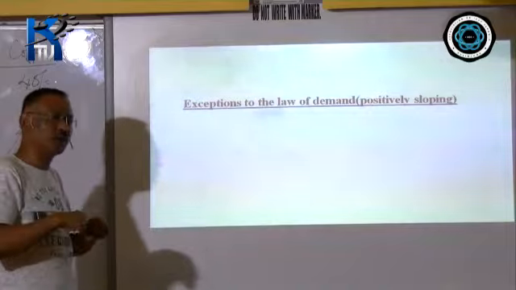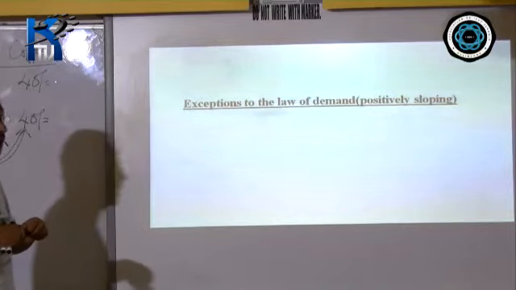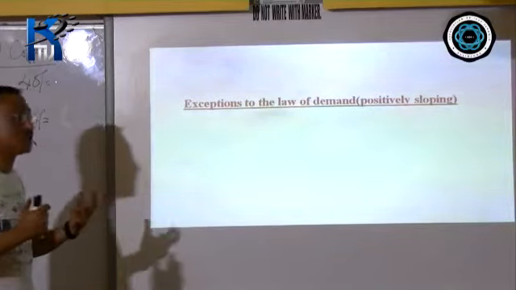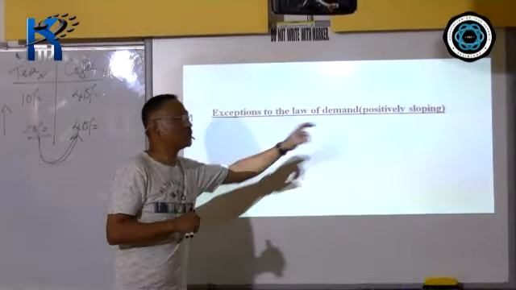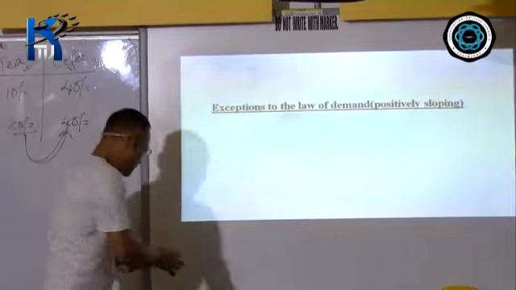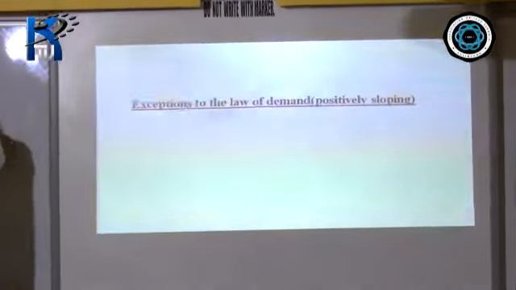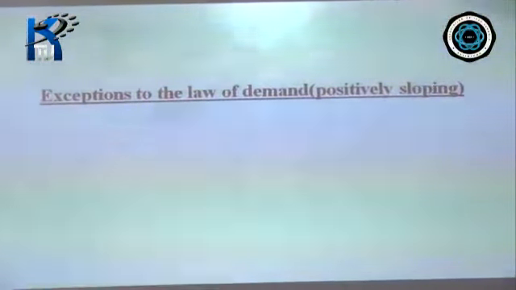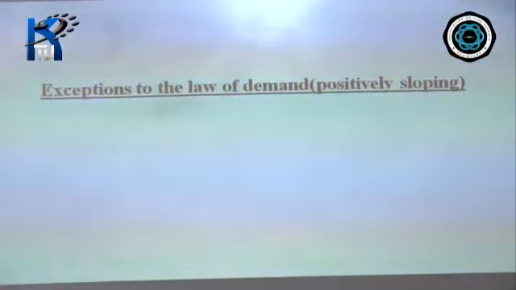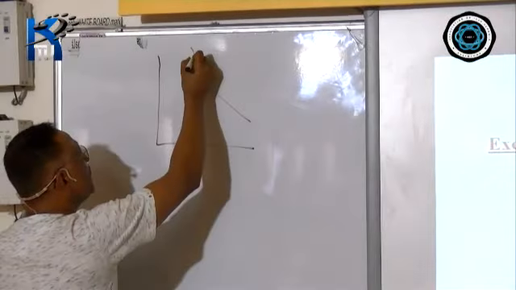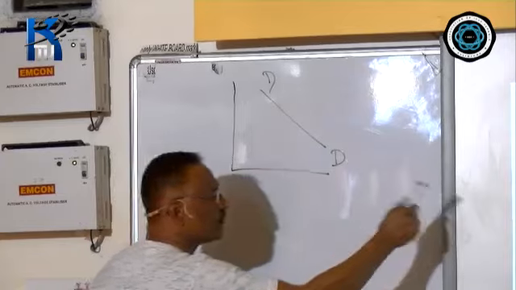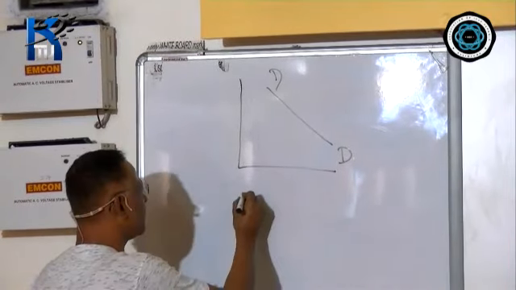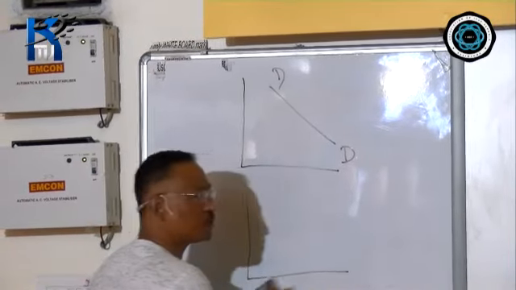When both of the variables move in the same direction, it is positive sloping. So, the law of demand says the demand curve should be negative sloping. Exception to the law of demand says, but there are some exceptions.